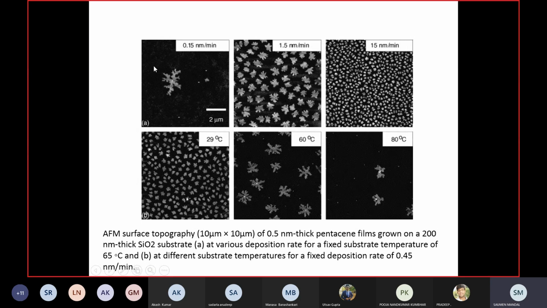Here, what is happening is that we are not measuring thickness from here. The digital thickness monitor also receives atoms sitting on it, so it tells us 0.5 nanometer is the thickness. Whether it's a continuous film or islands, it can't tell. You have to observe that by microscopy only. Is this part clear?